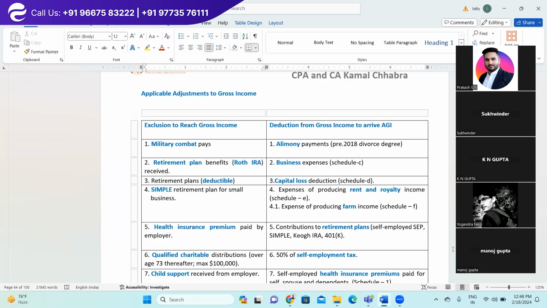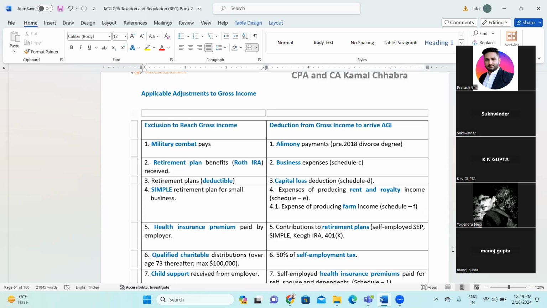If you remember, Donald Trump has almost done four divorces before he got married to his recent wife. He was totally screwed up with a lot of divorces. Earlier, when alimony was paid or received, it was part of the income tax return.